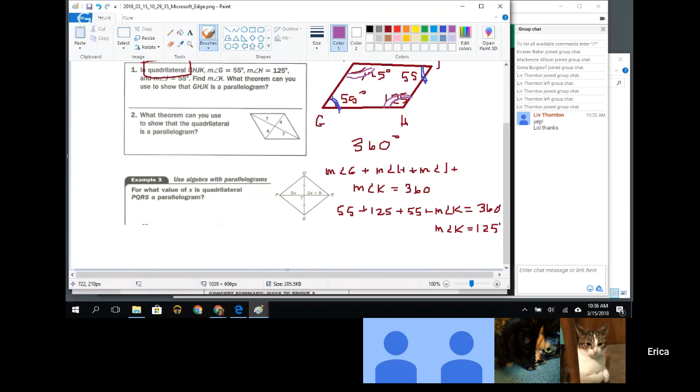If you look back on your sheet, hopefully you filled it in, look at theorem 8.8. Theorem 8.8 says if both pairs of opposite angles of a quadrilateral are congruent, then the quadrilateral is a parallelogram. So because of theorem 8.8, I can say that it is a parallelogram.